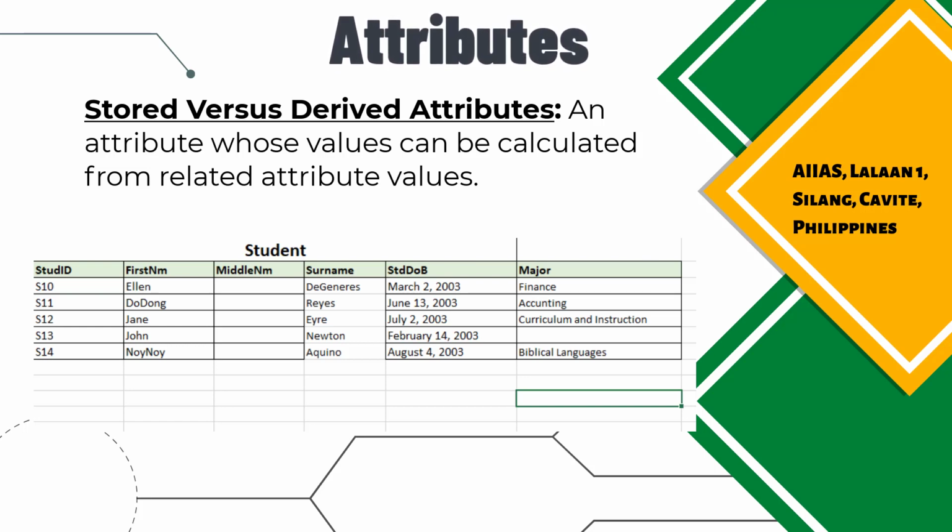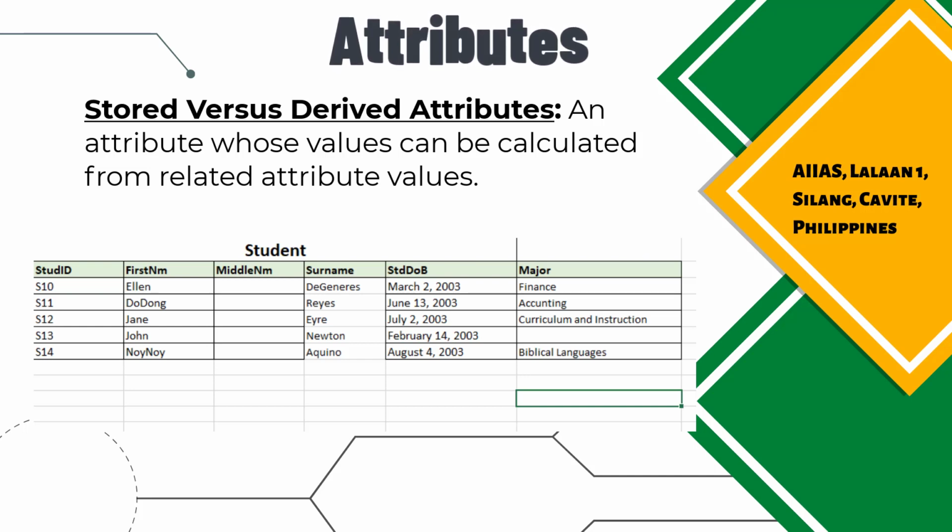Now, later on, when we start using SQL, I will be able to calculate the age of every student in my list here. And the age will become a derived attribute. So I will show you that, and we will be dealing with that later.